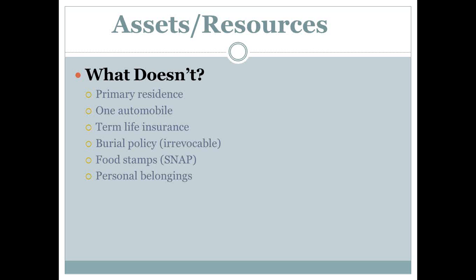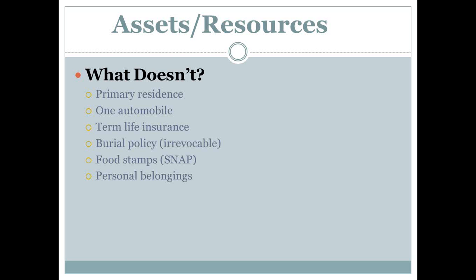There is a number out there that has some limits on it. If the client has a primary residence that's owned outright, and the equity in the home, not necessarily the value, is over $548,000, then they may disqualify themselves for Medicaid.